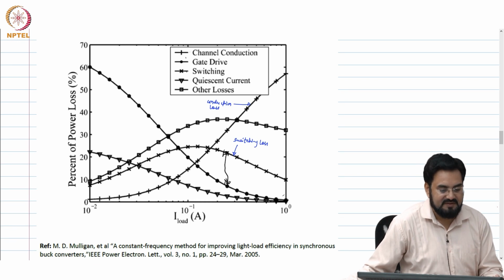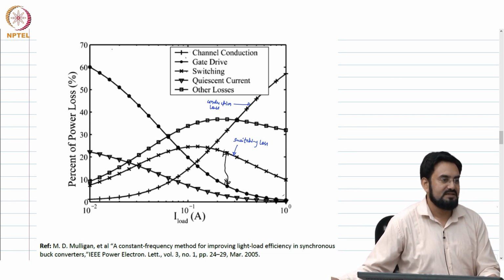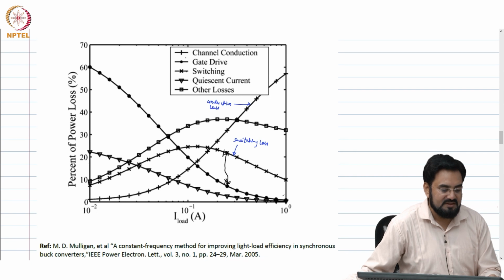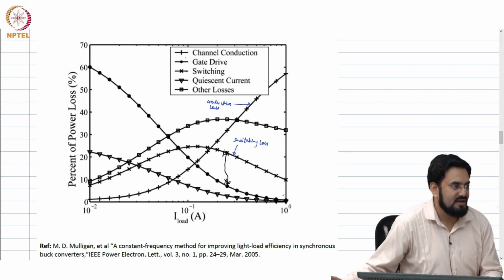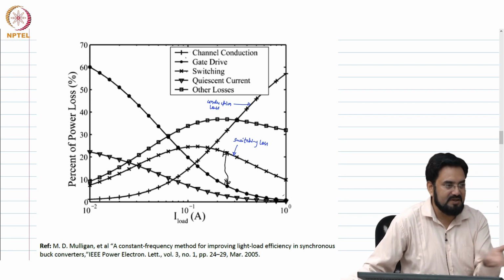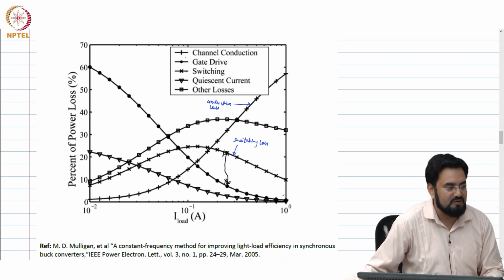If you reduce the switching frequency, this will start dropping. So, this is the case where they are not doing anything with the switching frequency. Then I can bring it down, and this 20% may increase relative to this. So, this will start dominating, maybe this may become 60% and this guy may become 20% in that case, and the rest 20% will be contributed by other losses. Okay. And that is what happens when you go to very light load.